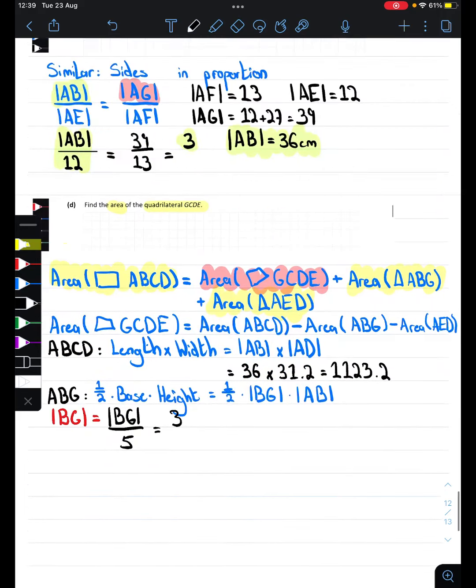That's what the ratio is, which we found here. And so BG is just 15.